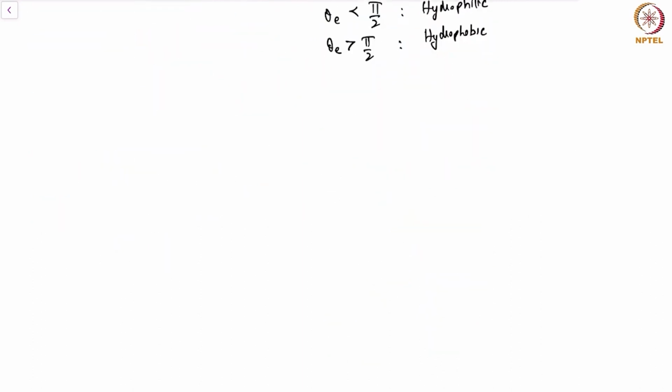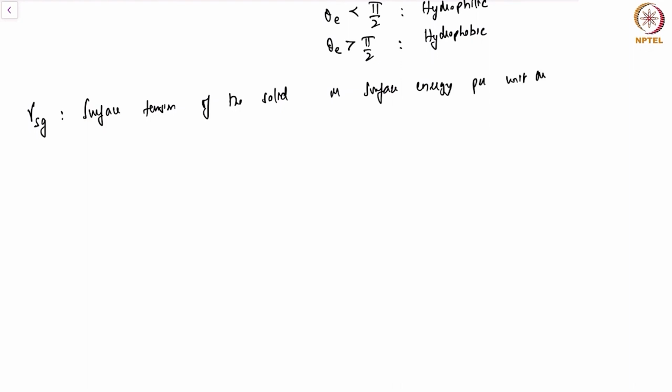So for this, let us define the energies. So we'll define the parameters as follows. So we'll say gamma Sg. Okay, this is the surface tension of the solid, or this is nothing but surface energy per unit area of the solid.